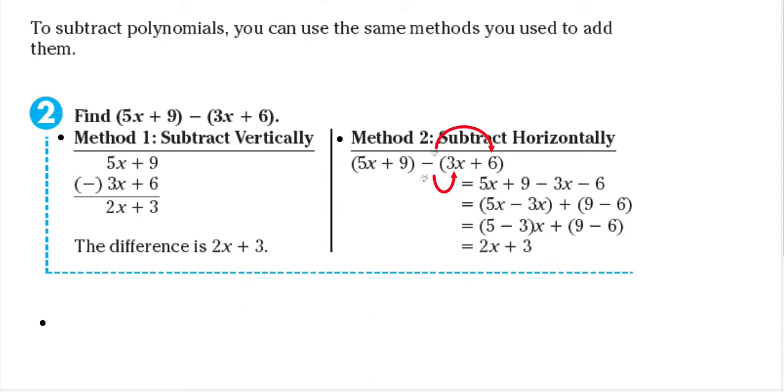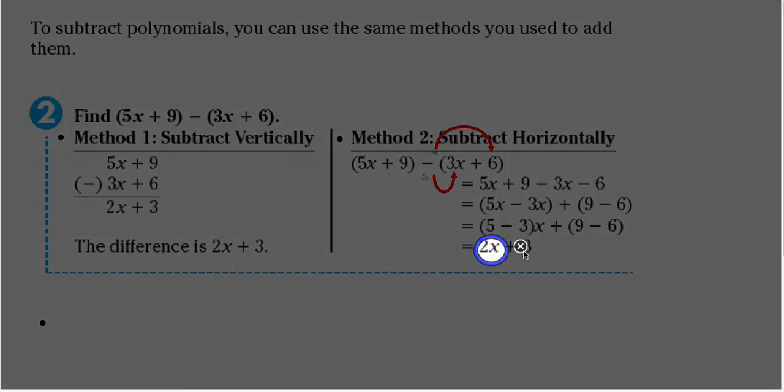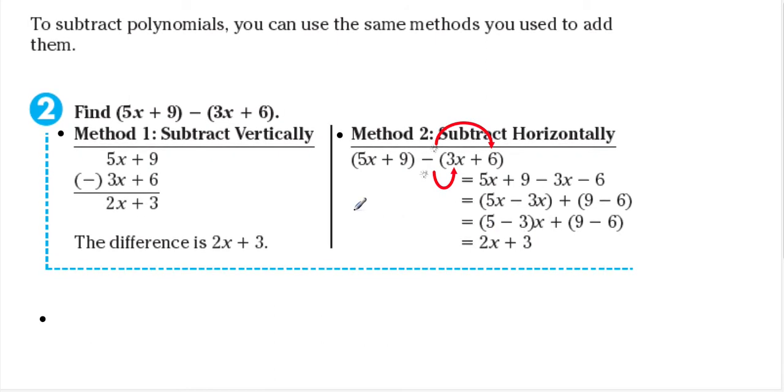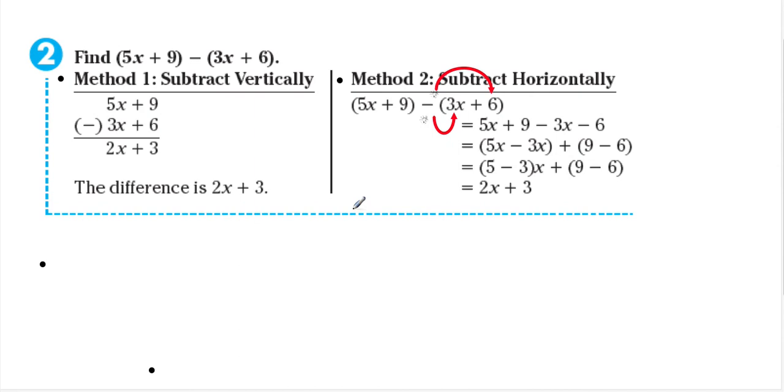From here to this step is the distributive property, which tells us that we can add like terms, and these are your like terms. When you add those two like terms, you end up with 2x. So that is how you subtract 3x plus 6 from 5x plus 9.